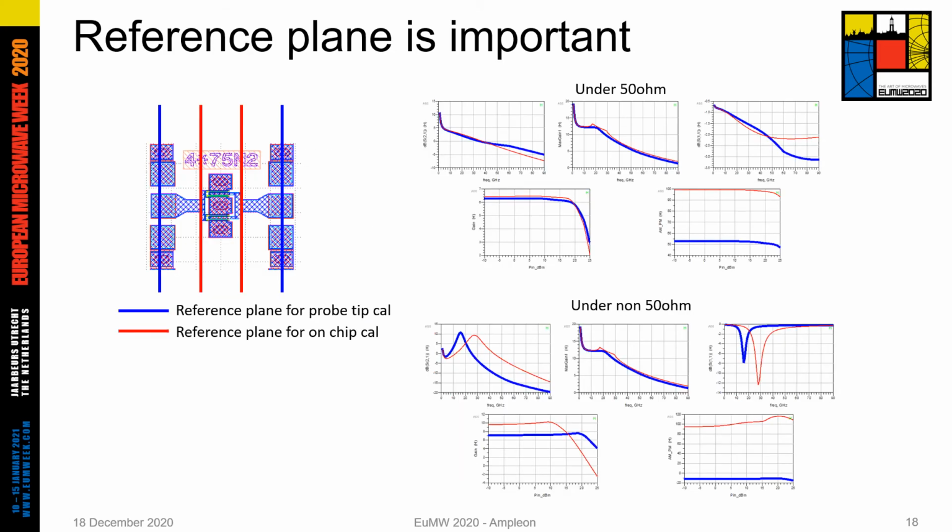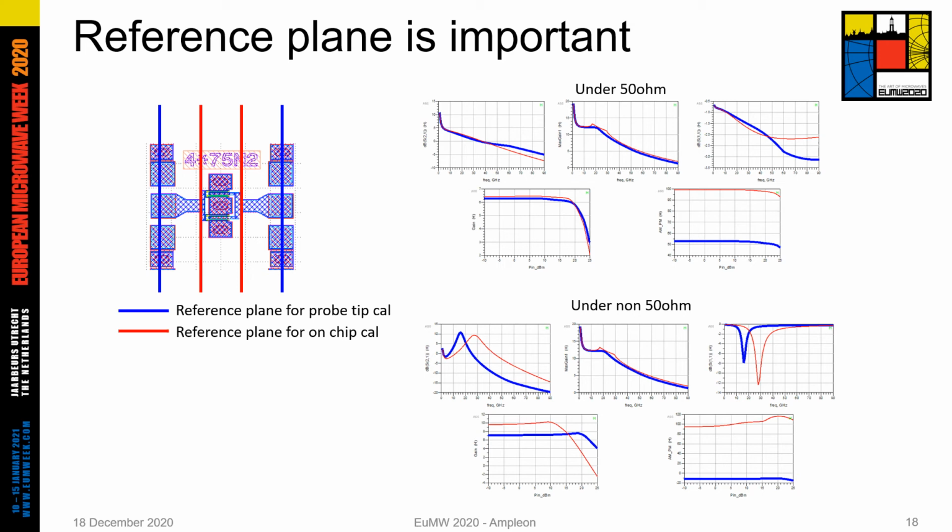Why is the calibration plane, or the reference plane, important? It's visible here. If you use the standard calibration, you will have the probe tips as the reference plane for your calibration, which is this blue line. And if you use on-chip cal standards that you design on the same wafer with the same characteristics, you will bring the reference plane to the red line.